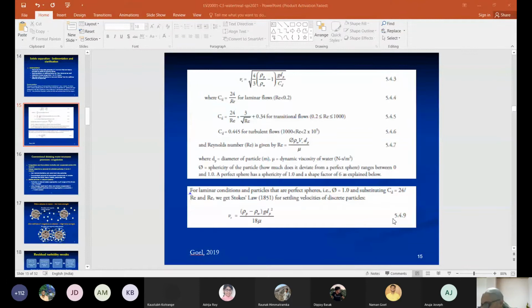For D is equal to 10 microns, your settling velocity is 0.88 times 10 to the minus 10. What are the units? Meters per second.